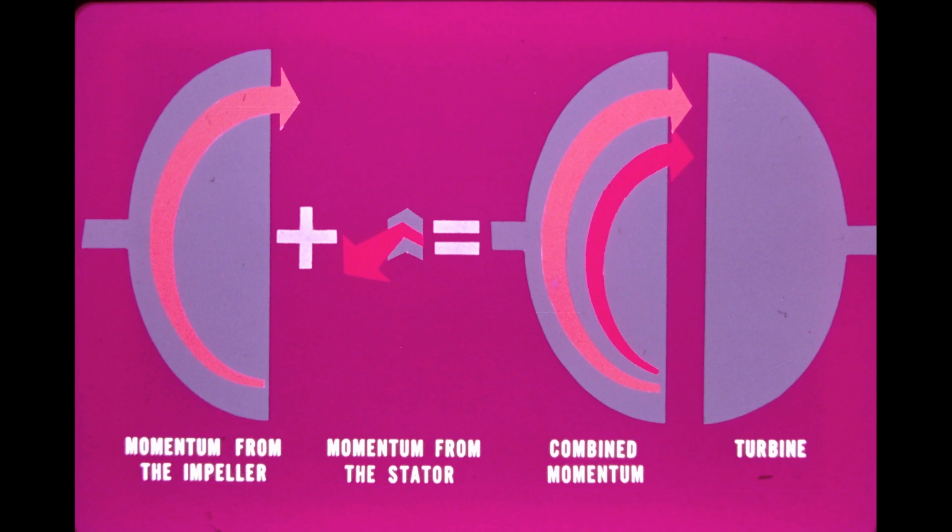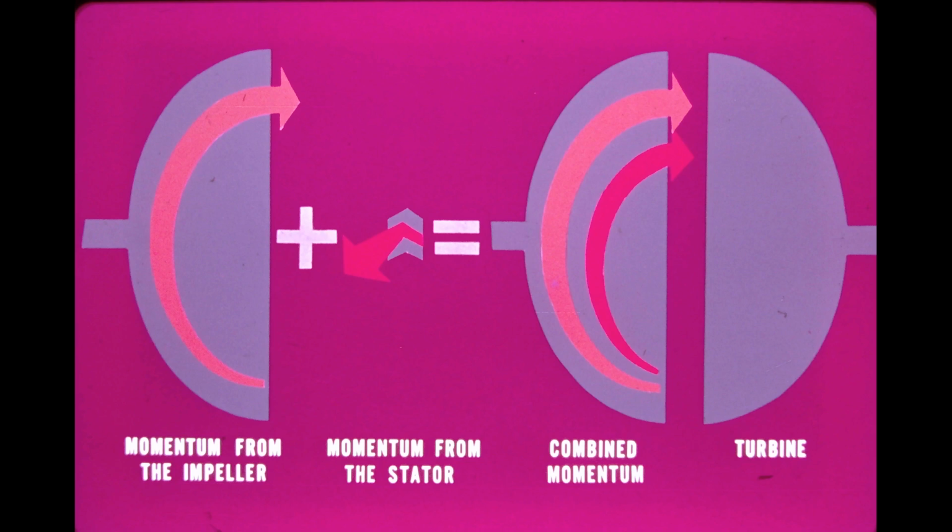In a torque converter, then, the fluid is gaining momentum or force as it is pumped through the impeller, just as in a fluid coupling. However, in the converter, the fluid is also gaining momentum as it is redirected by the stator. The momentum of the fluid coming from the stator is added to the momentum of the fluid resulting from impeller rotation.